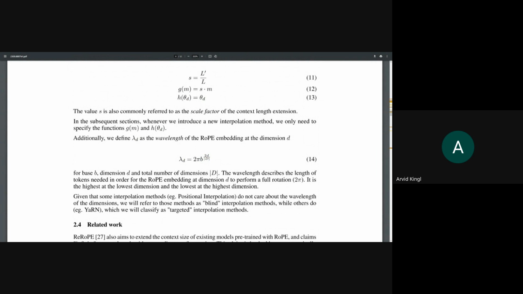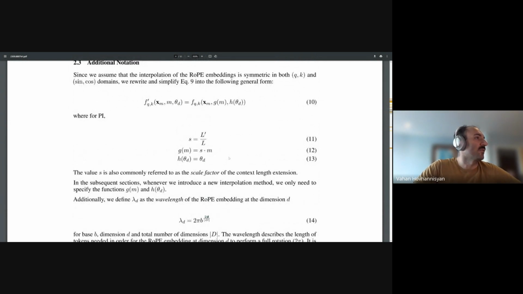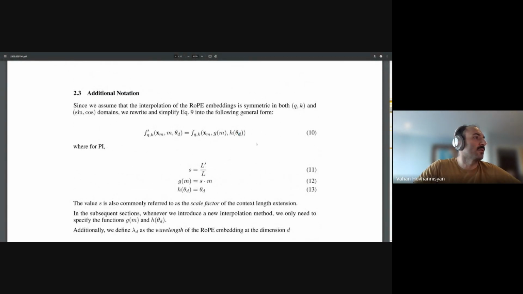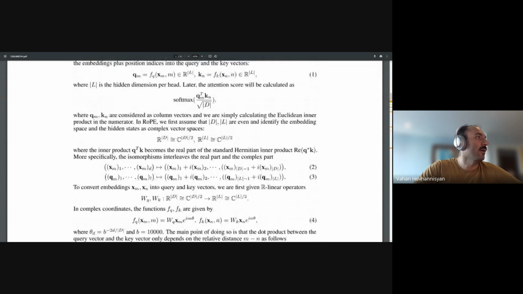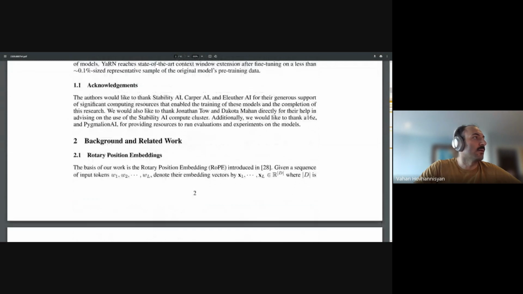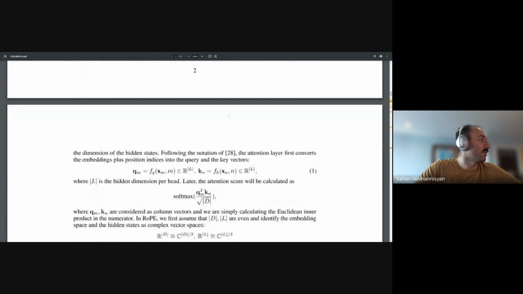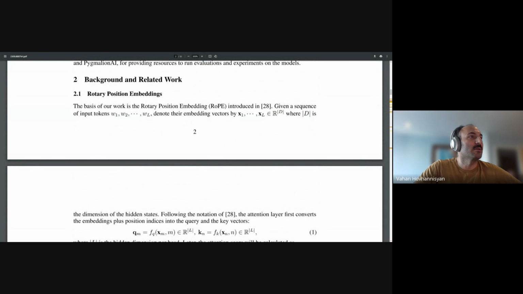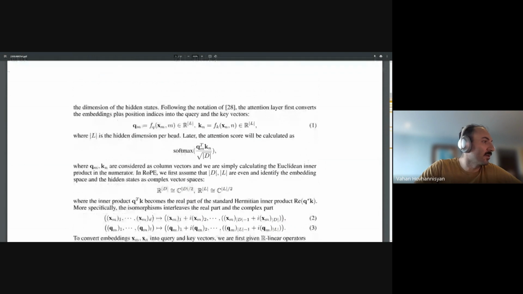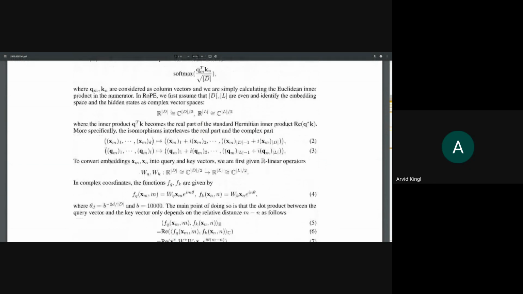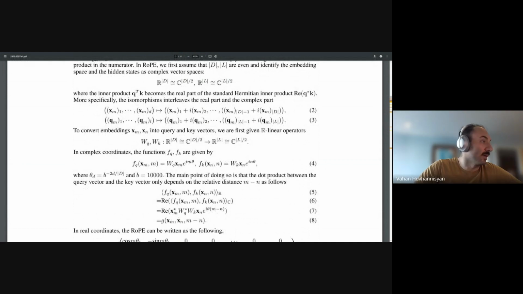What was small d in this equation again? Let me find it. I can't remember. So theta d, if you go back. This is the big D. So big D is the dimension of embeddings, right? Small d defines the actual embeddings of the tokens.